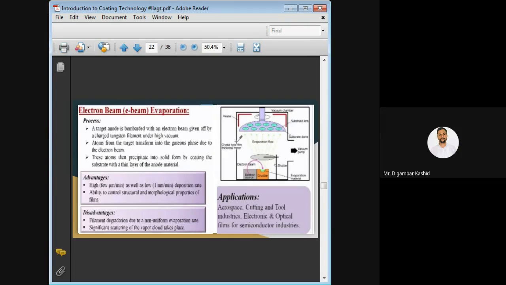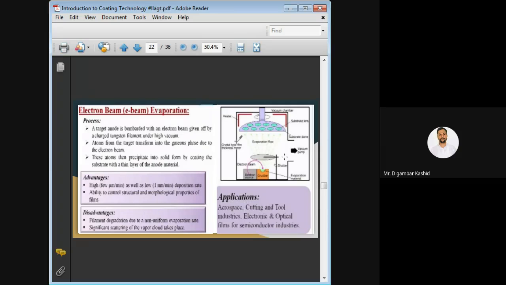Then that precursor material releases certain kinds of ions or molecules or plasma, and that is directly deposited onto your base material or substrate.